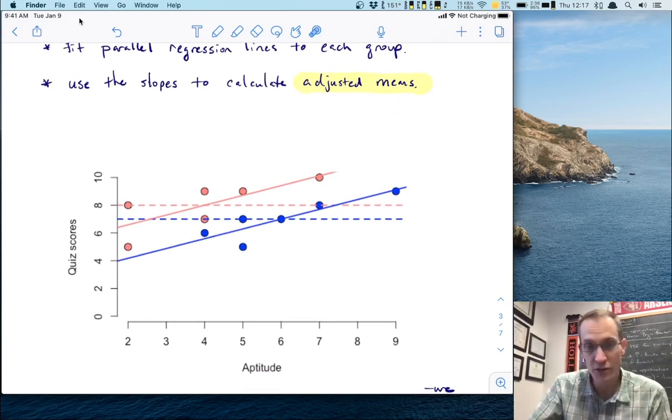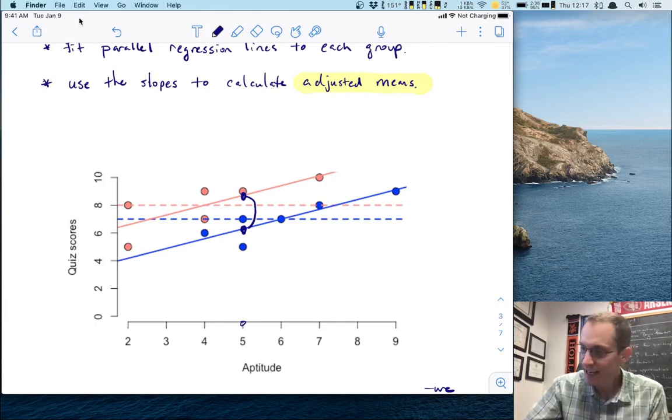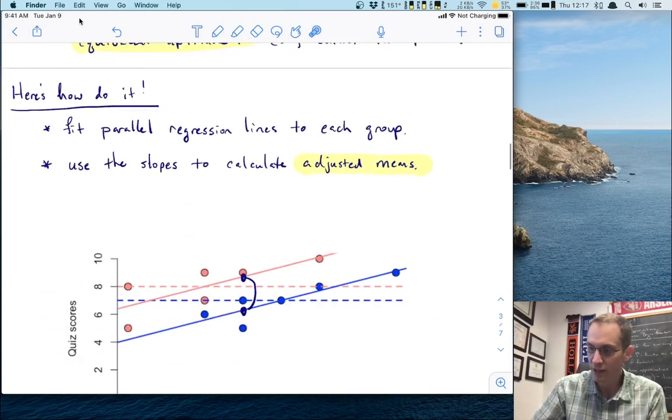Well, I'm going to show you exactly how this works in just a second, but if we found the mean overall of these aptitude scores, which turns out to be 5, and we look at this blue parallel line here and this red parallel line here, these two are the adjusted means. And you can see that we have expanded the difference, or the effect of the instruction type. Before it was just 1 unit. Here it is now a little over 2 units in terms of that quiz score.